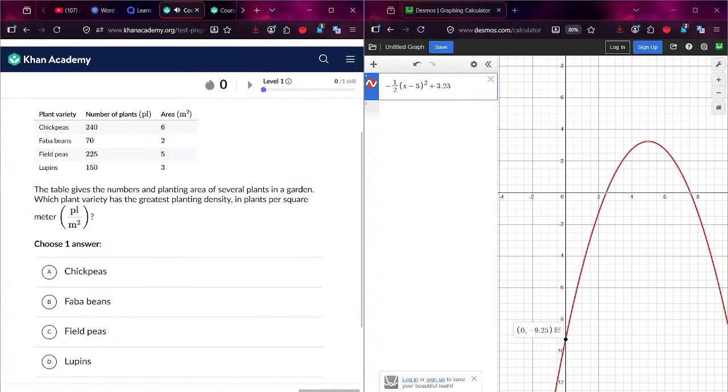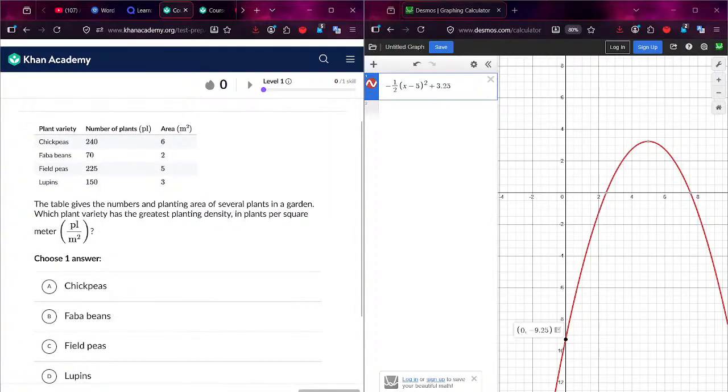All right, the table gives the numbers and planting area of several plants. Which plant variety has greatest planting density? PL over M squared.